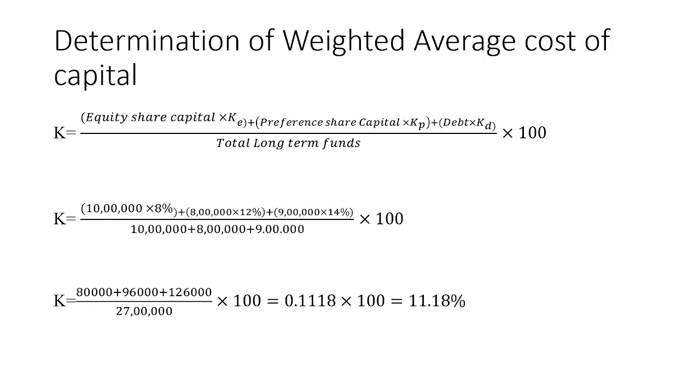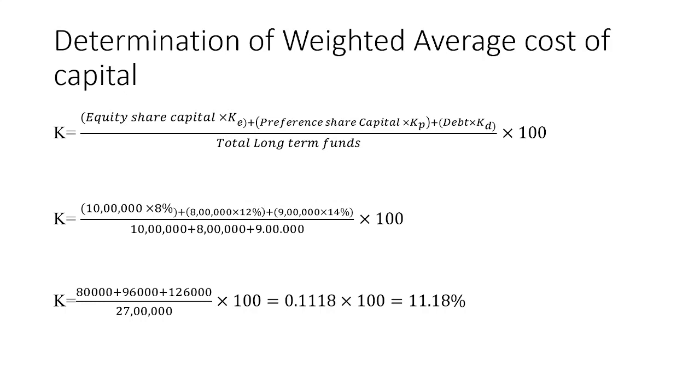So, in this case, equity share capital is 10 lakh into 8% plus preference share capital is 8 lakh into 12% plus debt is 9 lakh into 14%, all divided by equity share capital 10 lakh plus preference share capital 8 lakh plus debt 9 lakh into 100.